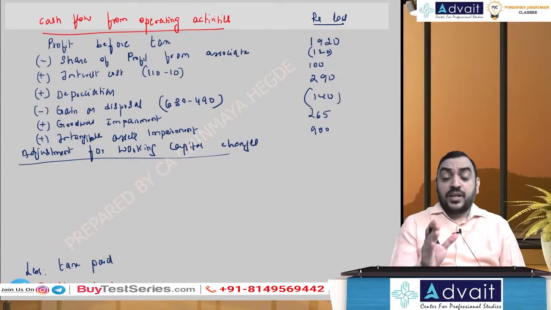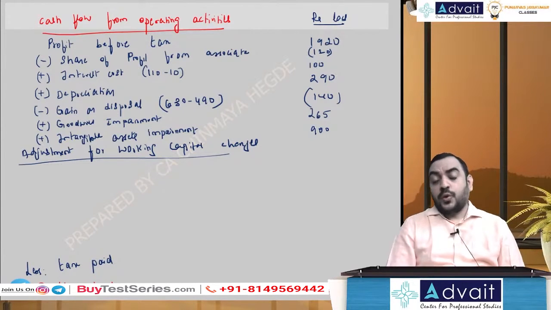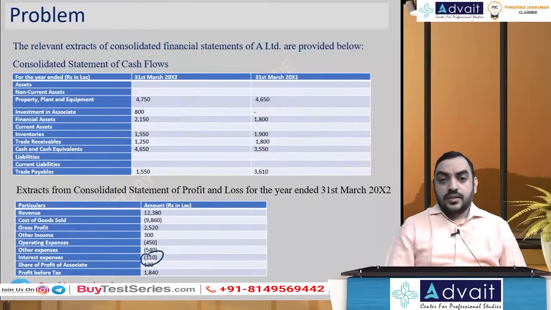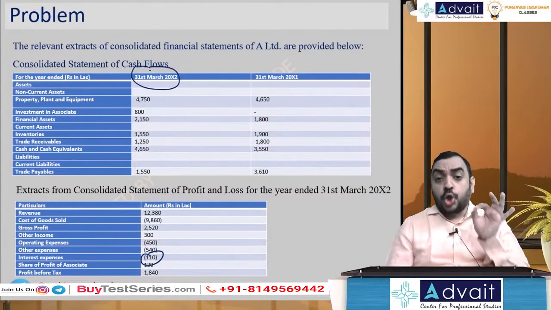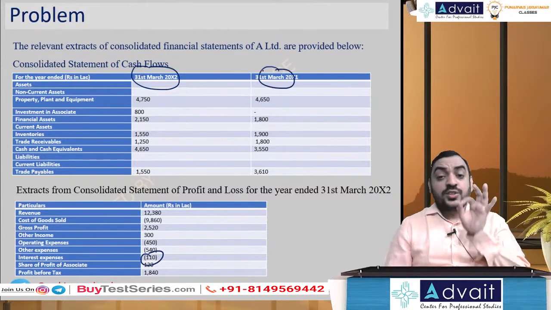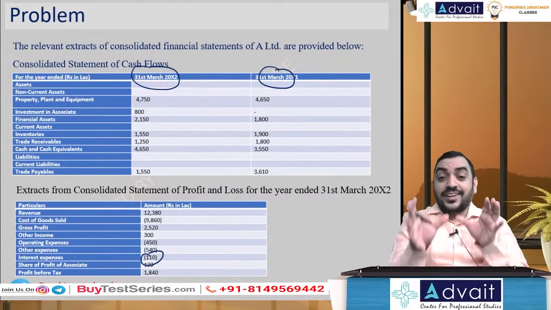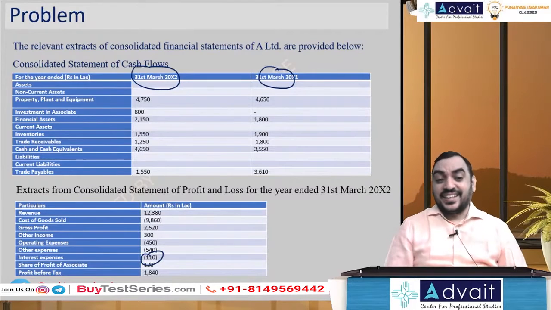For working capital changes, you have to be extra careful. I'll tell you why. First reason, the 2002 column they have given first, the 2001 column they have given next. So you can confuse between increase and decrease.